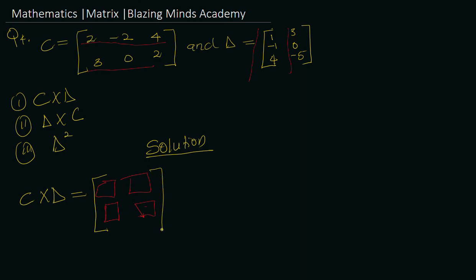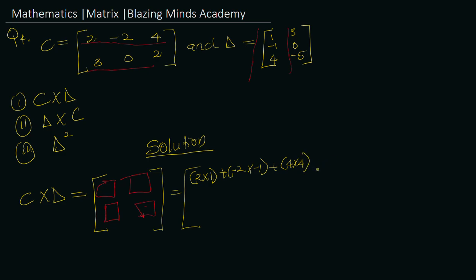Now this is equal to, we open a bracket. You are doing it carefully because you don't want to make mistakes. So just take the step the way I'm taking the step so that you will not miss anything out. So we'll be having 2 times 1 plus minus 2 times minus 1 plus 4 times 4.